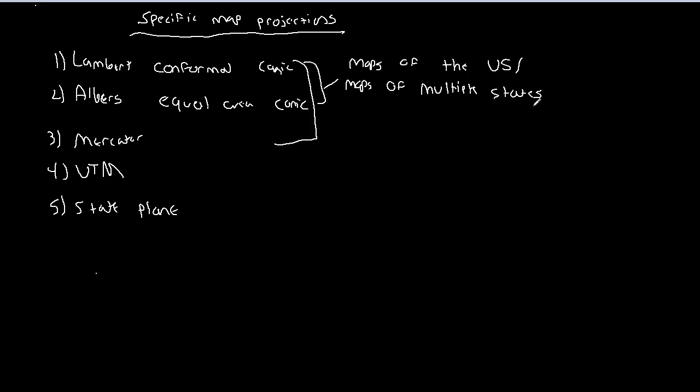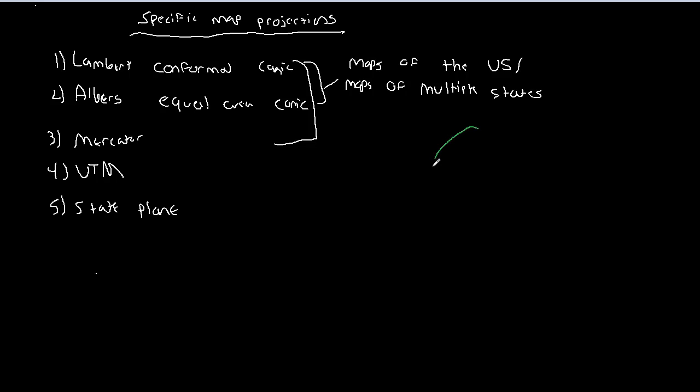If you're trying to map large areas, so things like North America, chances are you're going to end up using either a Lambert conformal conic or an Albers equal area conic.